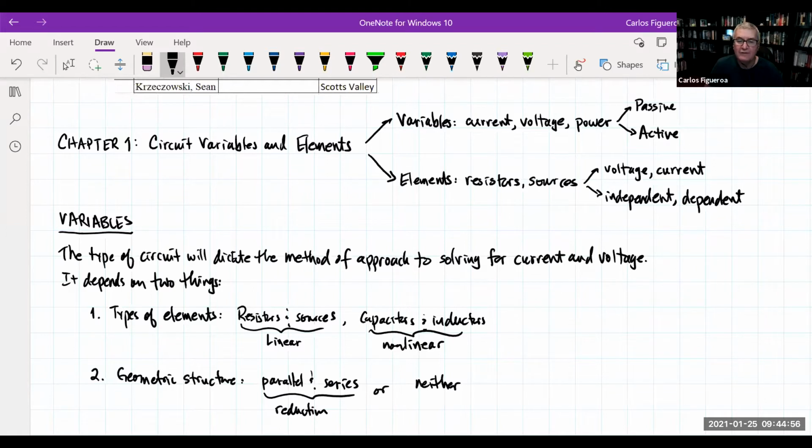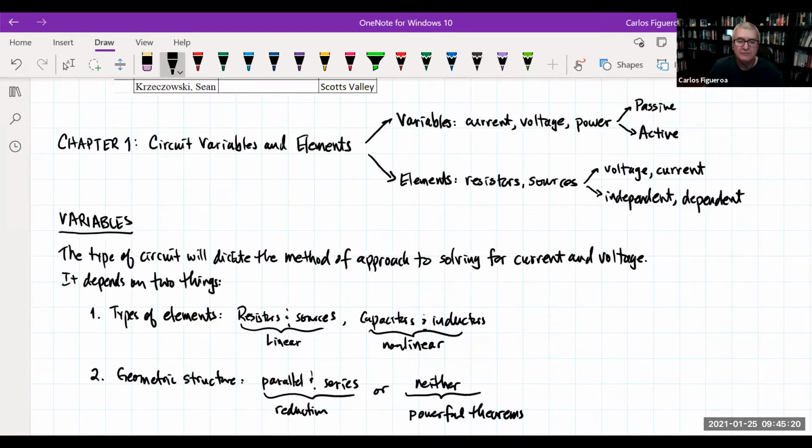And when you have neither series nor parallel, what you've got to do is use powerful theorems. And you'll see that one of the most powerful theorems is KVL and KCL, but we want to maximize their efficiencies.